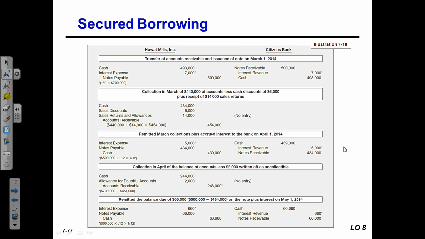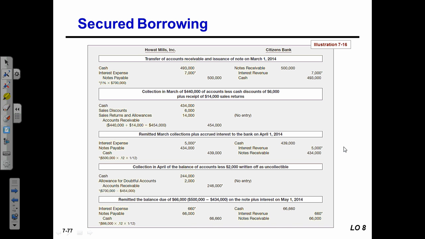So let's take some time and run through what happens with these. All right, so how much collateral did we put up? We said 700,000. So we have 700,000 of our receivables tied up. We can't use them as collateral for any other debt. How much did we borrow? Well, we got a $500,000 note.